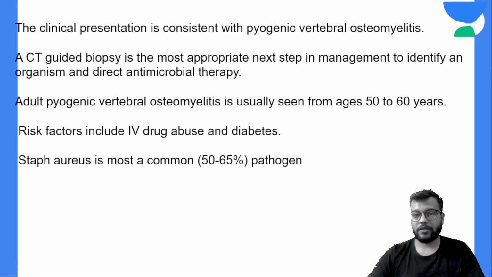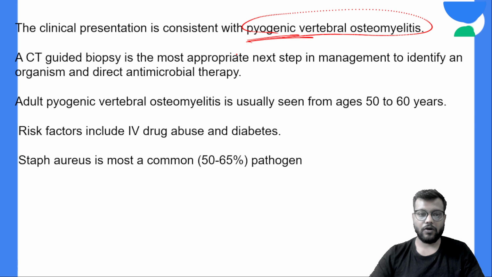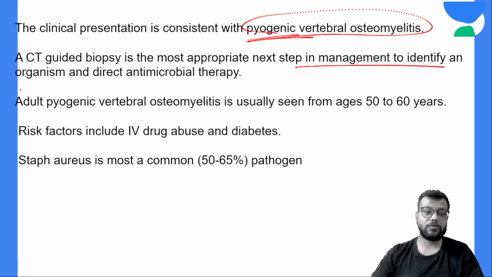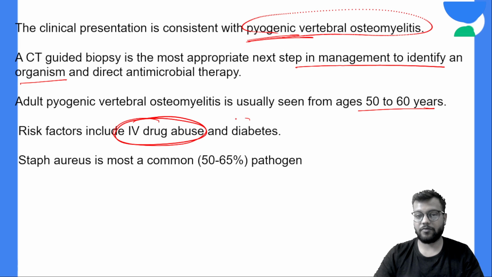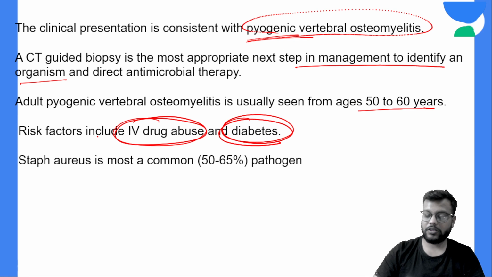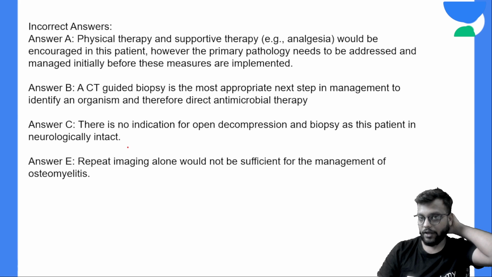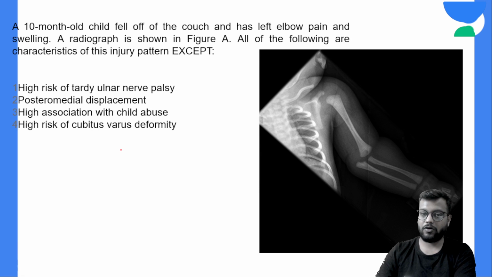So the clinical presentation is pyogenic or any other infective vertebral osteomyelitis. The next step in management is to identify the organism. Mostly seen in elderly population, especially in the IV drug abusers and the diabetics, and most common pathogen is your staph aureus. Okay, so we have discussed all of this.